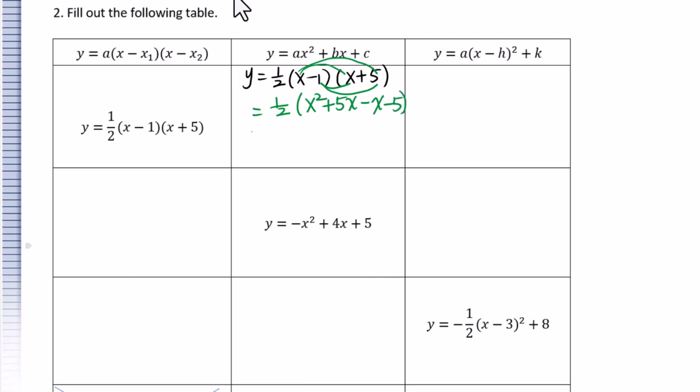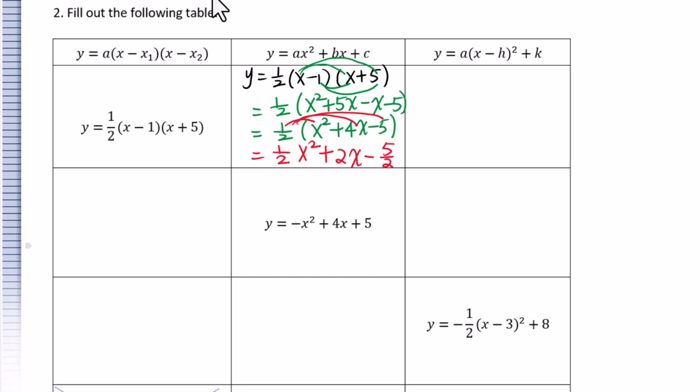Combine like terms: 1/2 times (x squared plus 4x minus 5). Then we do the distributive property: equals 1/2 x squared plus 1/2 times 4 is 2x minus 5 over 2.